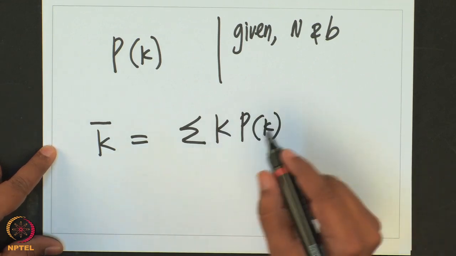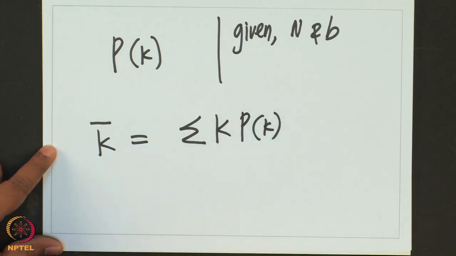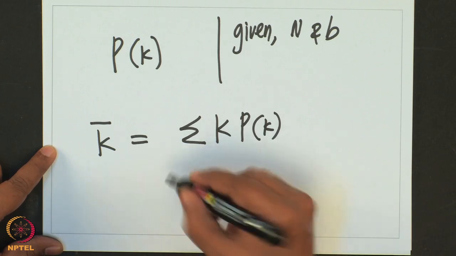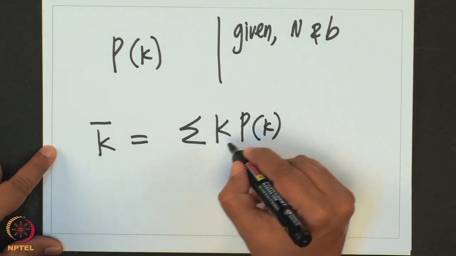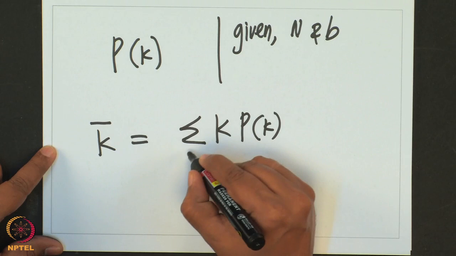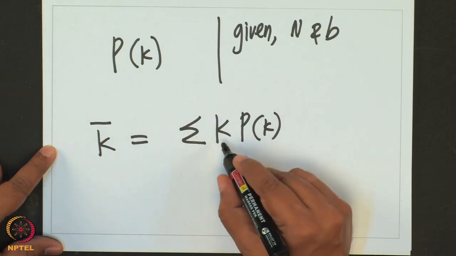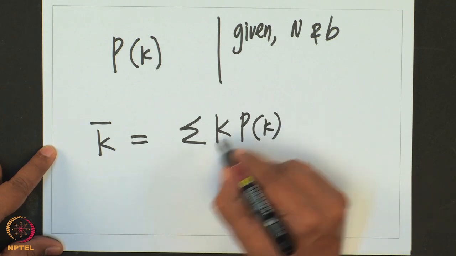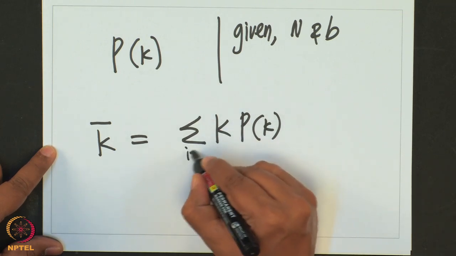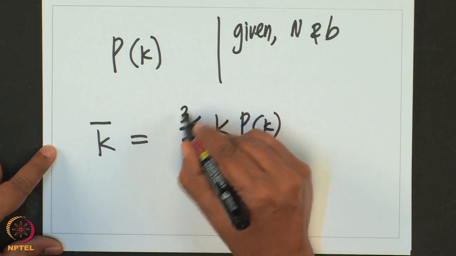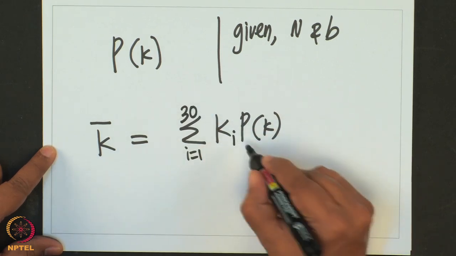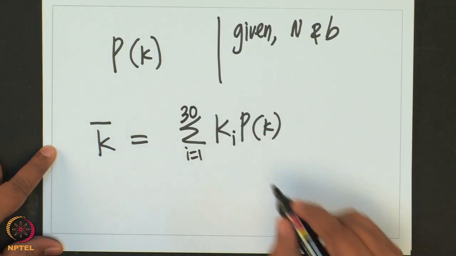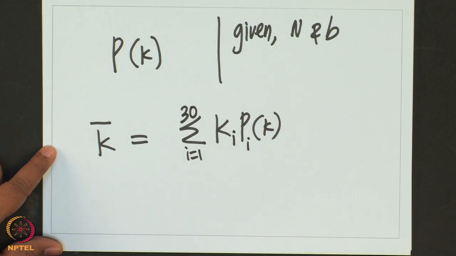So if I go to 30 hospitals, or 30 times I repeat, this would go from 1 to 30. If I want to write k i, I could write i is equal to 1 to 30, k i p k i. I could write it this way.